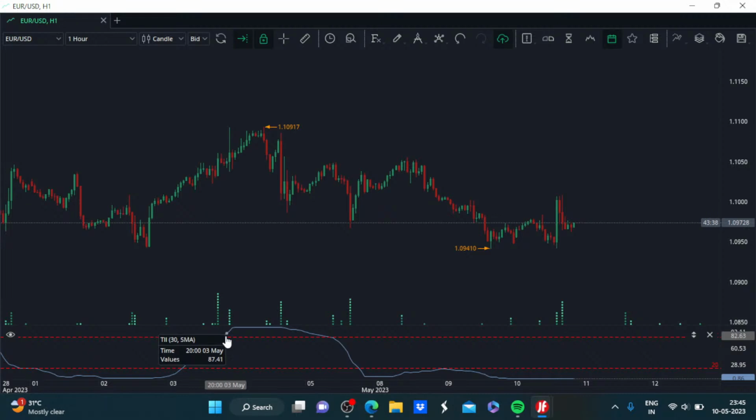Of course, once it has touched 100 and starts to decline, that is the time to avoid making any new trading decisions with the trend, because the momentum is now showing signs of reversal. It is better to wait for the moment when the momentum picks up again, and this TII output starts to rise again towards these highest intensity levels.